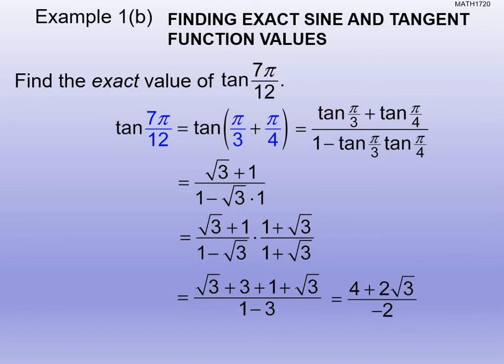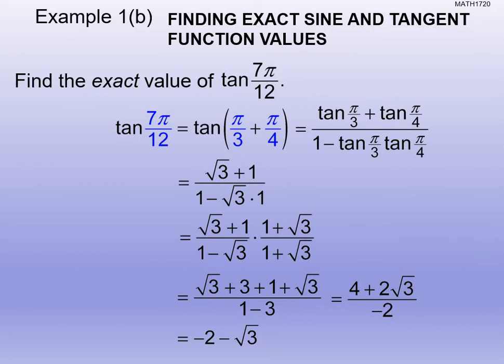And then with a little bit more simplification, we end up getting 4 plus 2 roots of 3, all divided by negative 2. So we could break that up as 4 over negative 2 plus 2 square root of 3 over negative 2. That would help us simplify it down a little bit more, because since they have a common denominator, we can break them into two fractions.